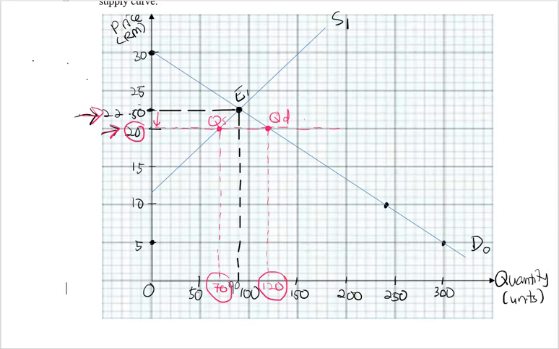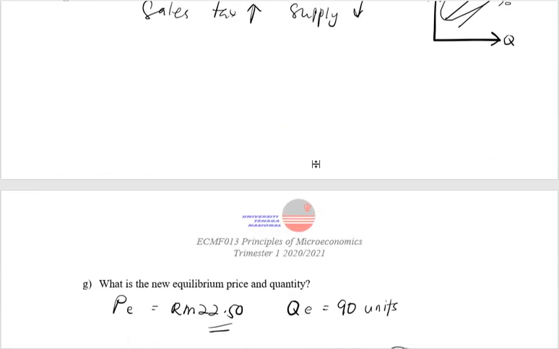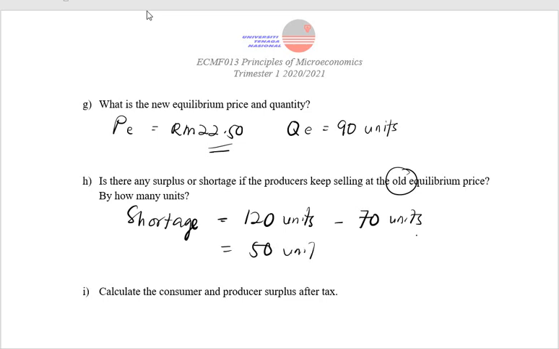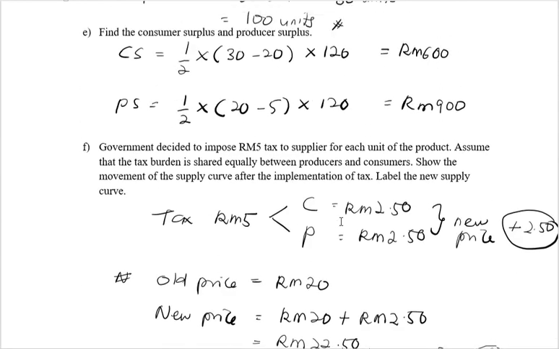So there will be what we call a shortage. By how many units? 120 quantity demanded minus 70 units of quantity supplied. So there should be 50 units of products shortage in the market.